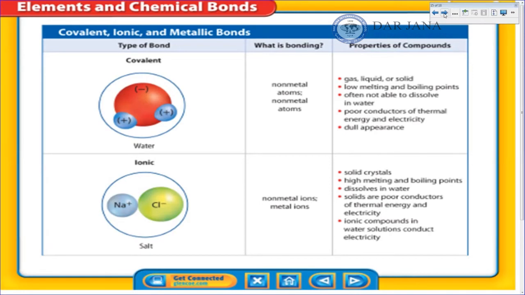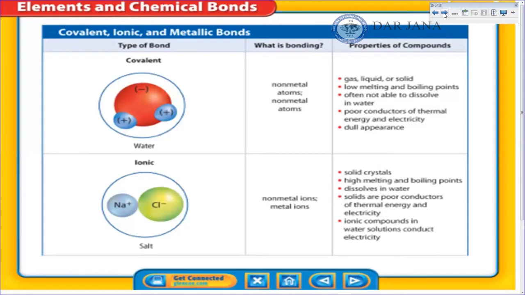Ionic bonds. In ionic bonds, we have non-metal ions bonded to metal ions. Properties of ionic compounds: they are solid crystals. They have high melting and boiling points and dissolve in water.